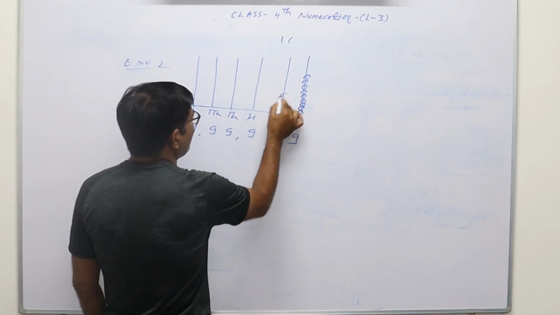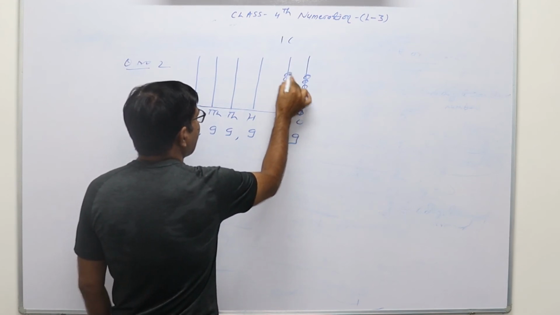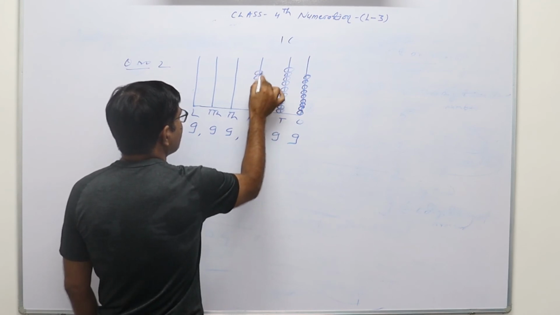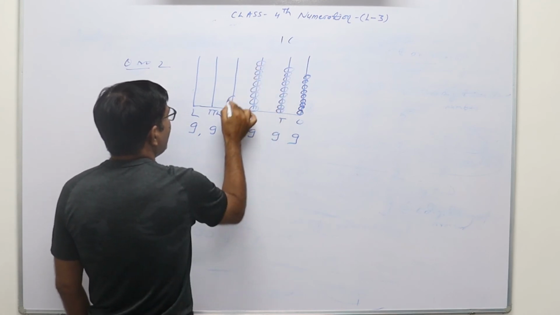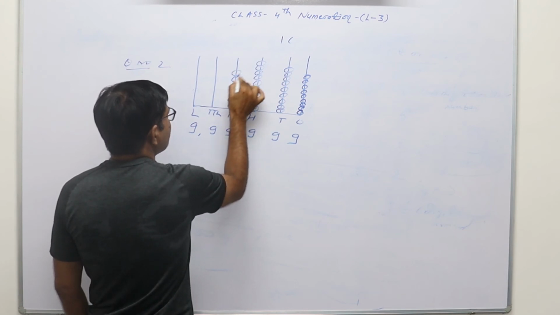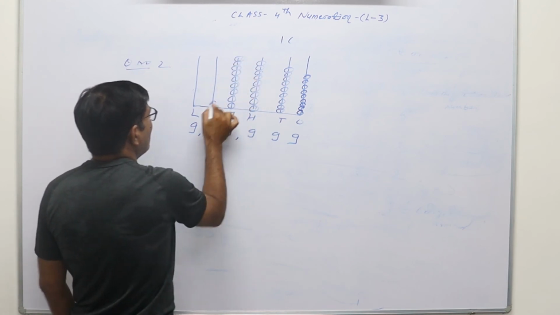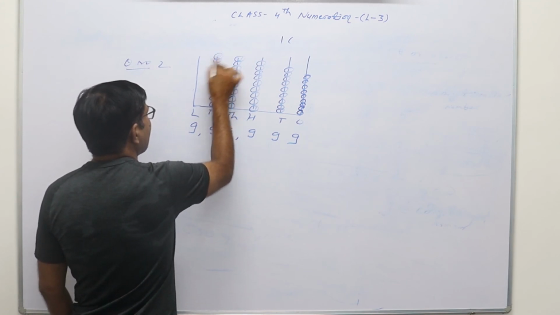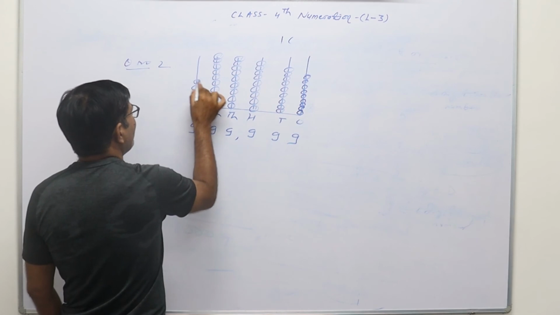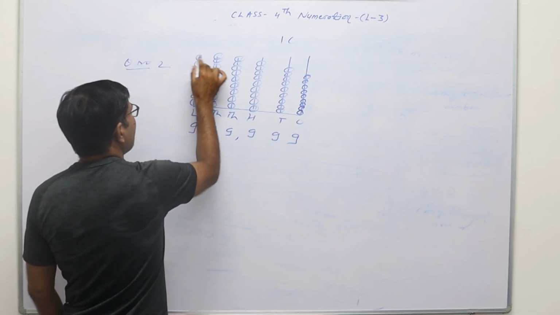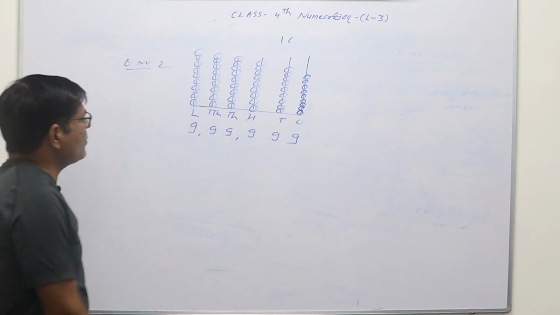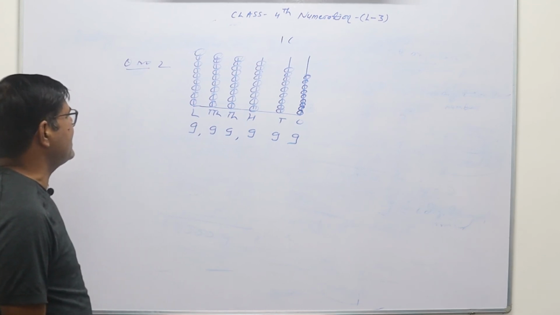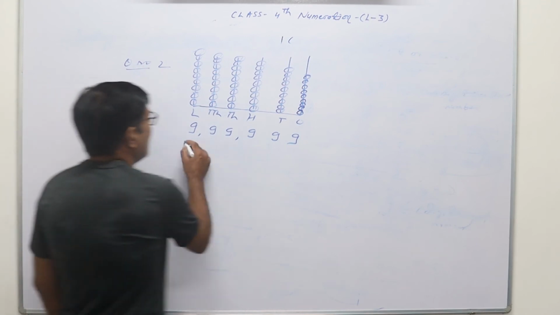So everywhere you have to make 9 beads: 1, 2, 3, 4, 5, 6, 7, 8, 9. So in this way we can represent the 6-digit largest number on the abacus.